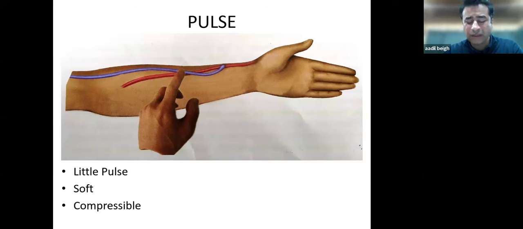So a pulse in the fistula is always a problem. We should go for Doppler at least. If not, go for fistulography or angiography. It is mandatory. Normally there is no pulse in the fistula, or only a very soft, very little pulse.